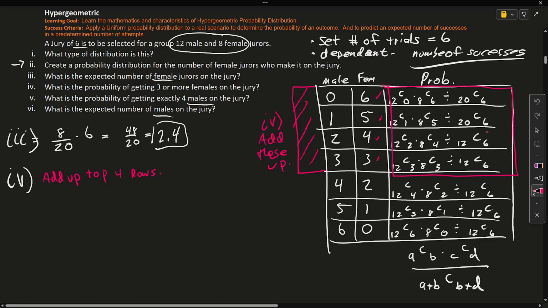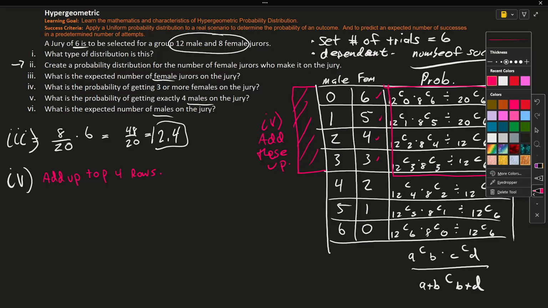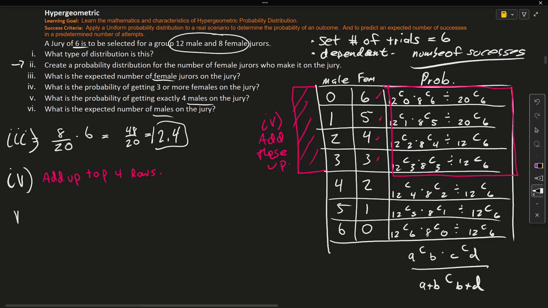Let's do part 5. What is the probability of getting exactly 4 males on the jury? That's going to be this one, exactly 4 males. This one you could probably write down because it's just a single one. So it's 12C4 times 8C2 divided by 12C6.